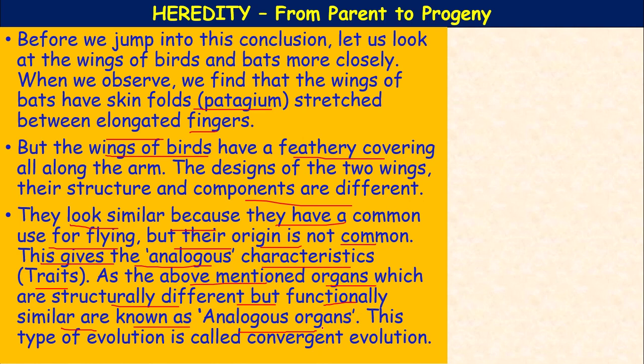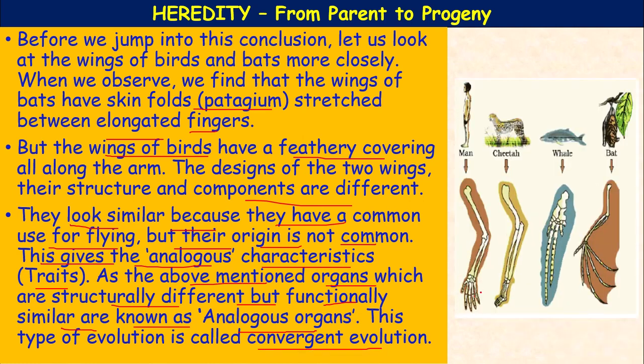Divergent evolution means adaptive radiation, homology. Homologous organs come under divergent evolution. Analogous organs come under convergent evolution. Example, wing of birds and the wing of bat.